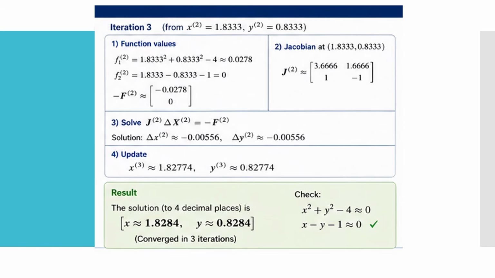So after the third iteration, again we add the change in variable or correction value to the previously obtained updated value, and finally we get the value of x as 1.823 and y as 0. So if we check the value for convergence, we can see that after the third iteration, the system is correctly matched with what we expected.